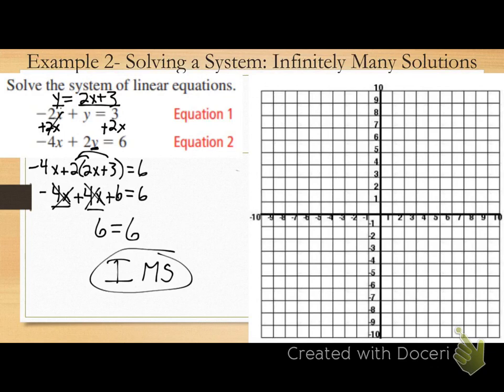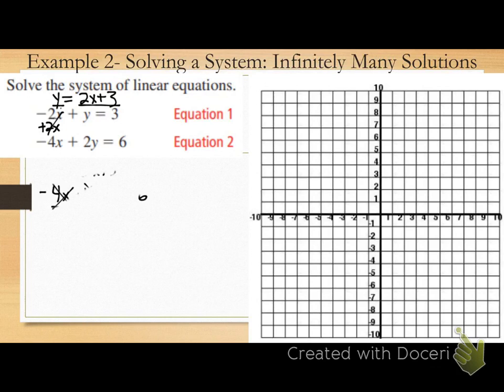All right, can I erase and solve using elimination now? So we can see what that looks like. Okay, everything's lined up where it needs to go. We want same number, opposite sign in front of one of my variables. So do you guys want to eliminate x or y here?